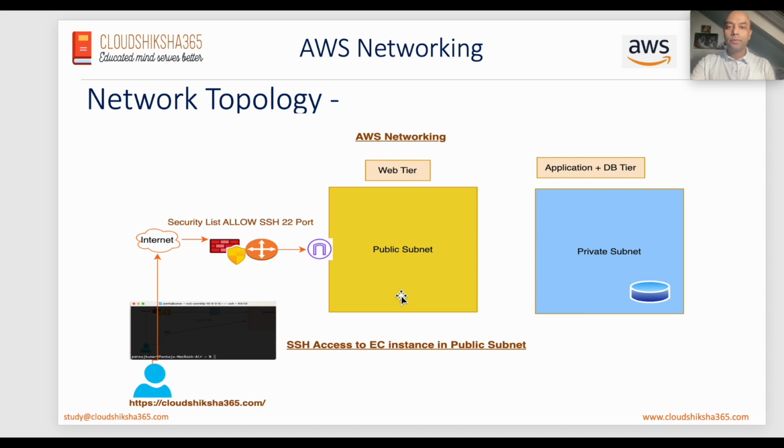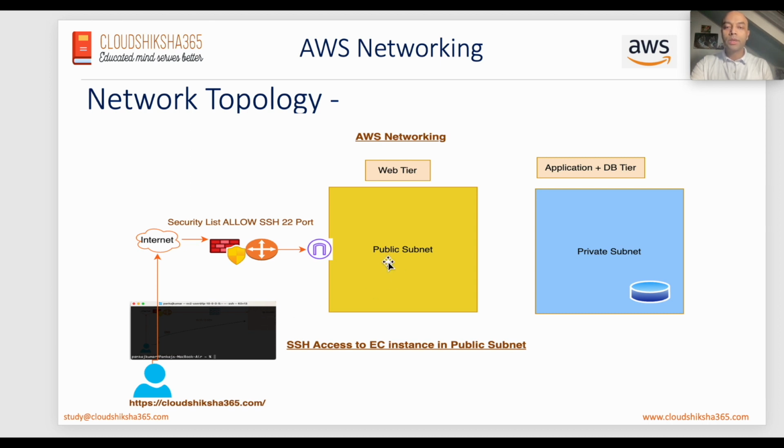You have a web server where direct access will be allowed, so that will be kept in the public subnet. Then there are your application instances where the application logic is sitting, plus your databases. All those will be under the private subnet so that they are not reachable directly via the internet, just to make your environment more secure.